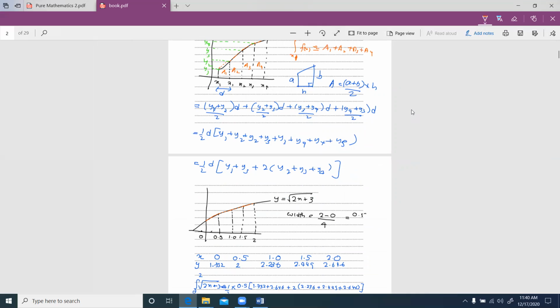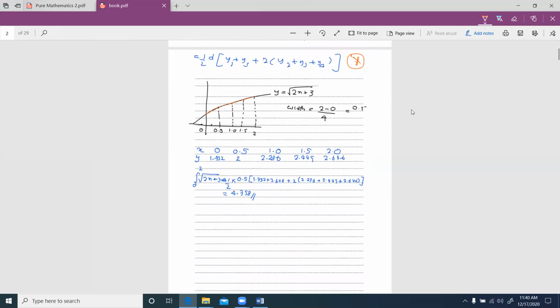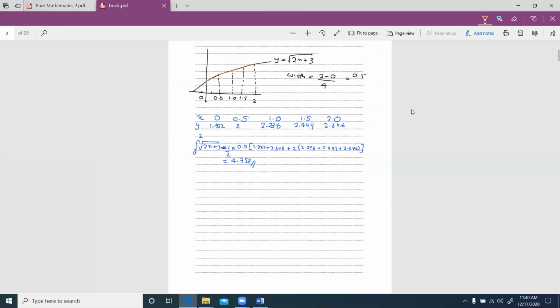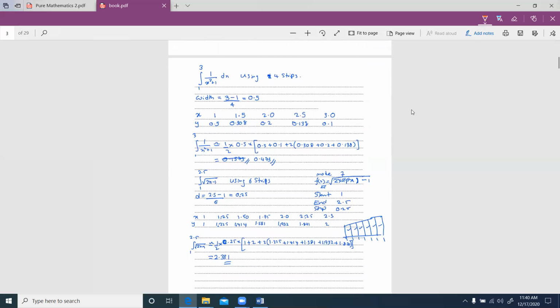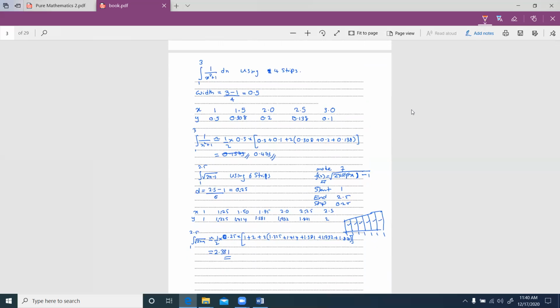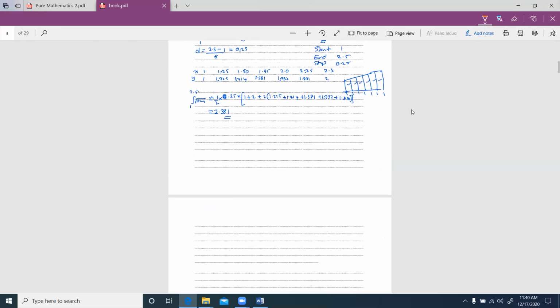This is important, but it's in the formula booklet as well. Anyway, you have to understand how it came about, and after doing the substitution, you can get the integration using the trapezium rule.